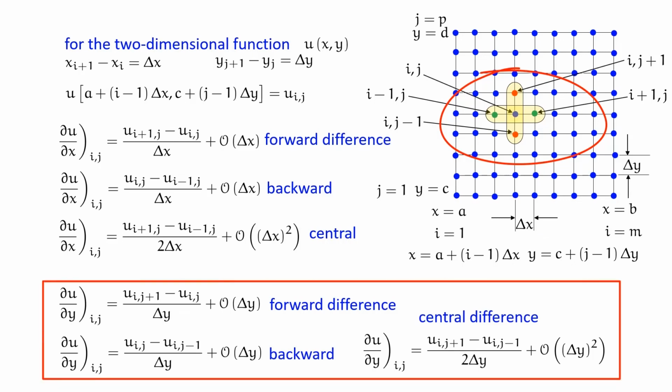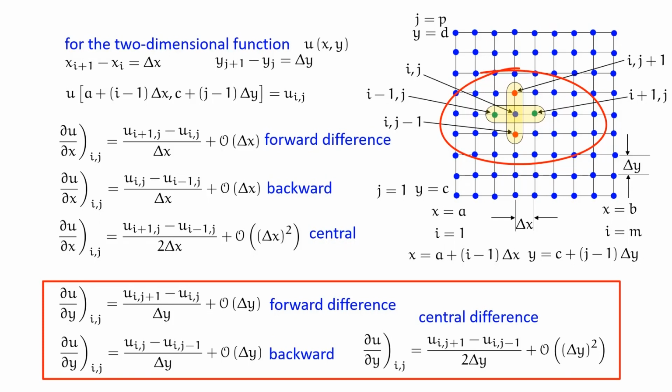Similarly, we can evaluate del u del y at ij. This time we have to go only up and down, that is, we have to take care of these red points. So the forward difference now is u(i,j+1). j plus 1 means going one point up, that is going delta y up.